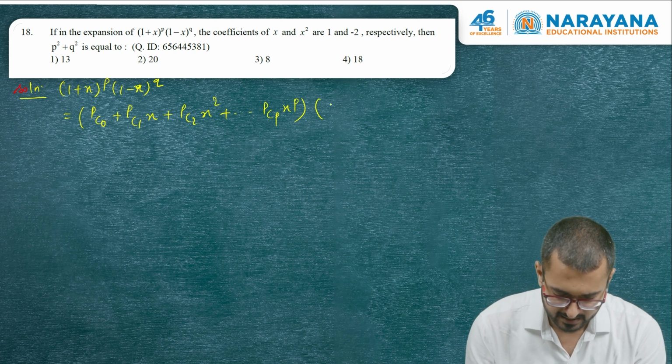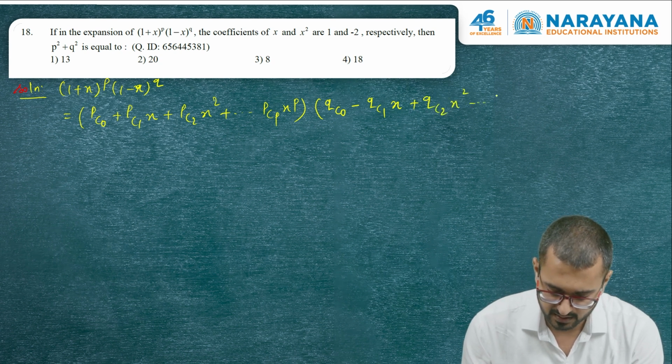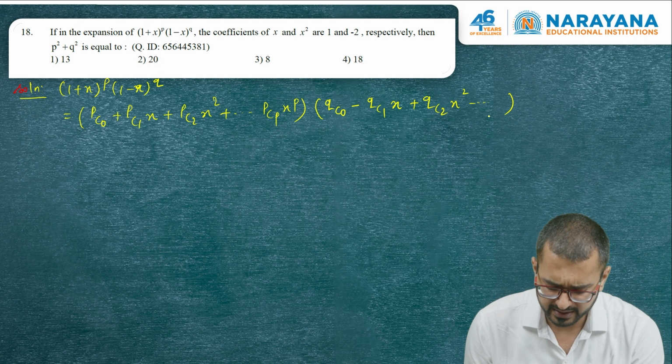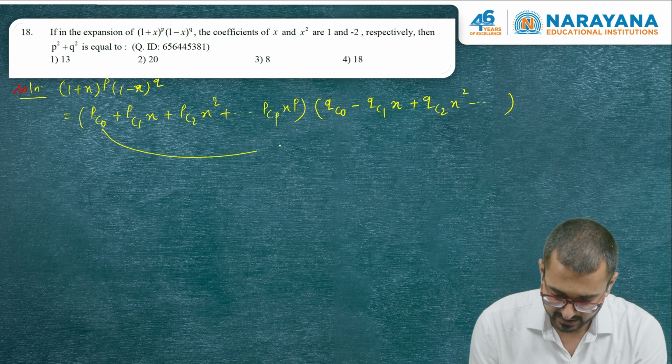Yep. And this thing will become qc0 minus qc1x plus qc2x square and so on up to... anyway, we don't need the rest because we need only the coefficient of x and x square. So we get x, and we want the coefficient of x, when we multiply pc0 to this and pc1 to this.